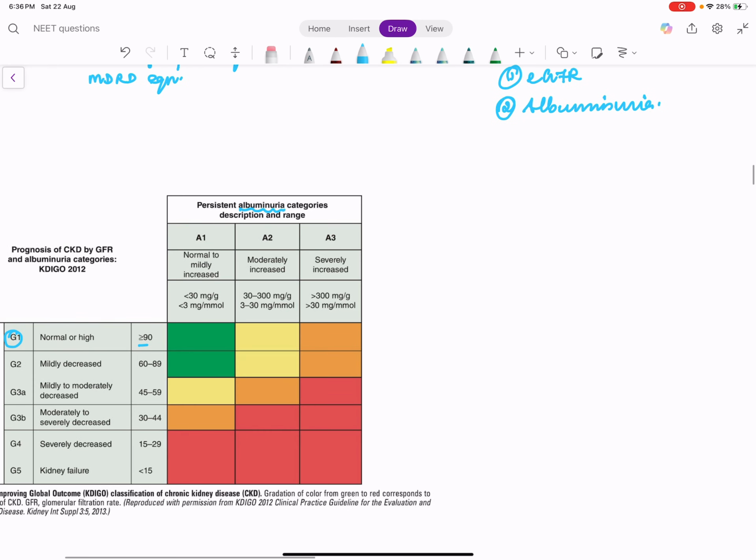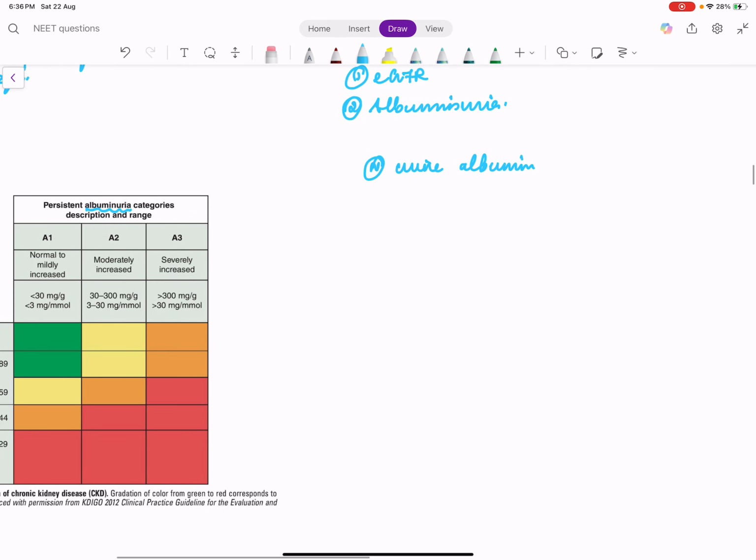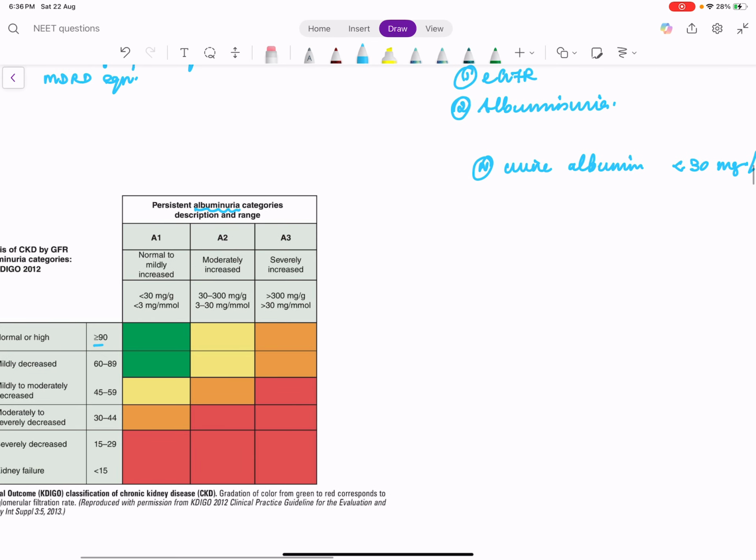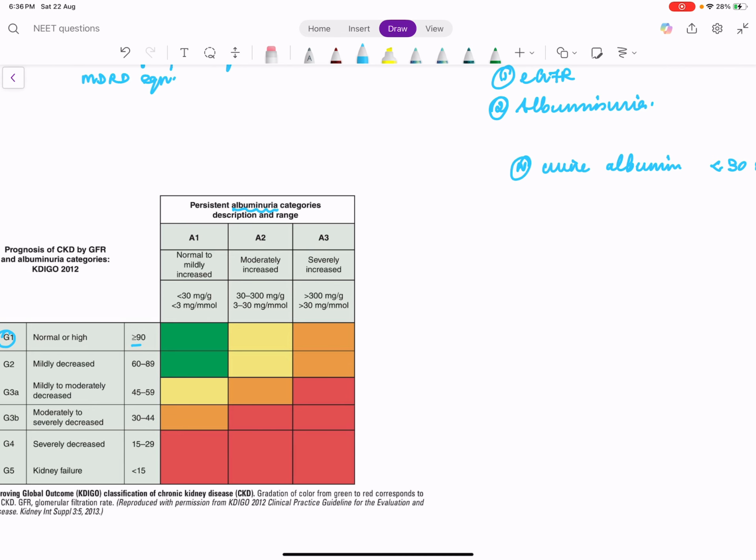So normal urine albumin is less than 30 milligrams per day. So if there is CKD with normal albumin, that is A1. When the protein is 30 to 300 milligrams per day, that is called A2.